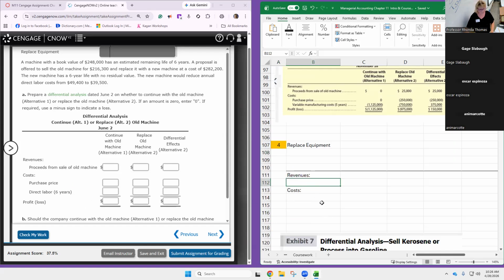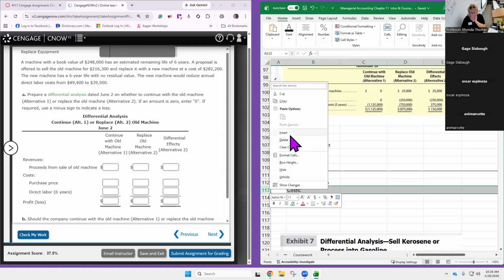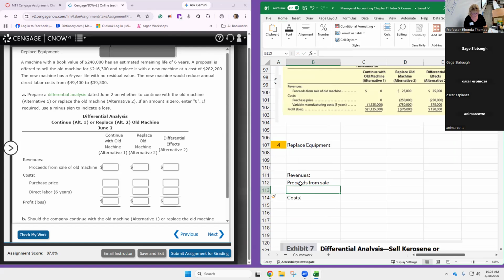So I'm going to put proceeds from sale of old machine. Okay, and then we want keep, I would say keep or replace. But they want continue, continue with old machine.